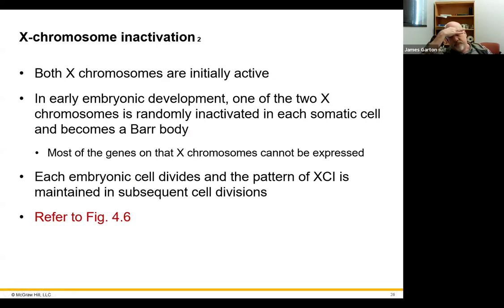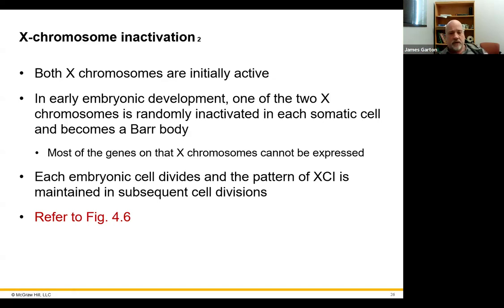Now, in mammals, all of the X chromosomes that you have, no matter how many, are initially turned on and expressed. Sometime during embryonic development, and I'm going to keep it simple, you either have one X chromosome or you have two. At some point, one of those X chromosomes is inactivated, and the choice is random.